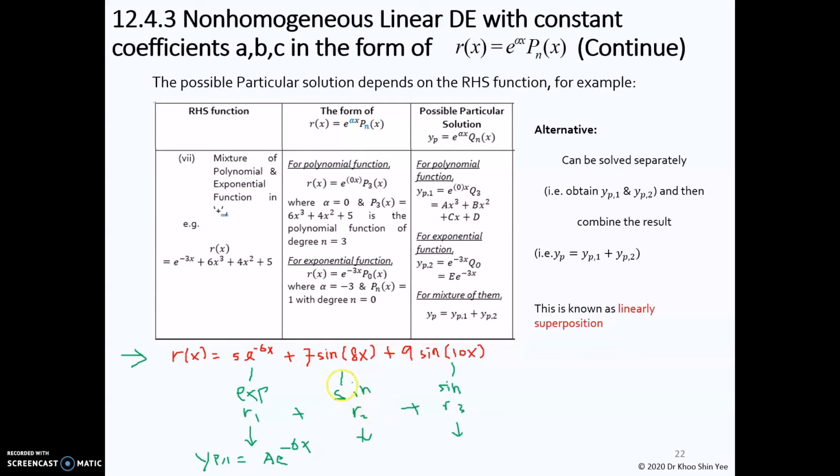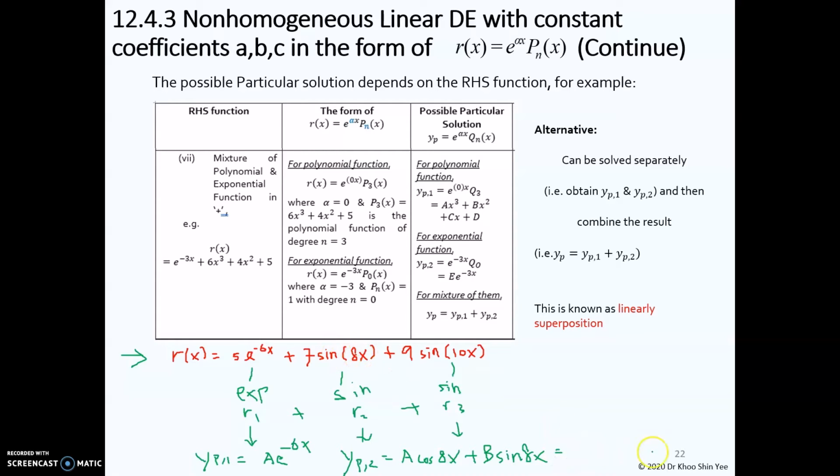For the second, R2, the Yp2, which means the second particular solution due to R2, is equal to A cos 8x plus B sin 8x. Or we can write it in the exponential format.